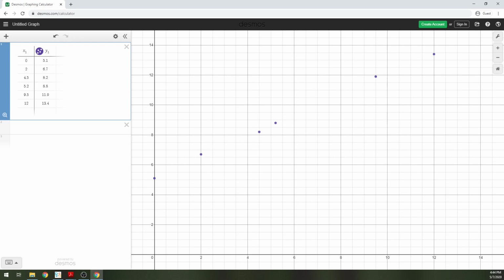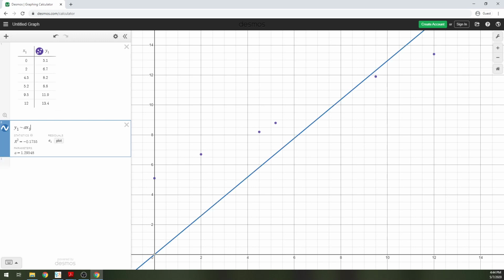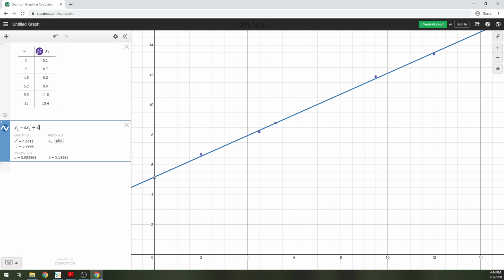So once again, we can go to the second part here, y1 tilde a x1 plus b. In this case, our parameters a and b were 0.693 and the b value was 5.183 if you round to 3 decimal places.